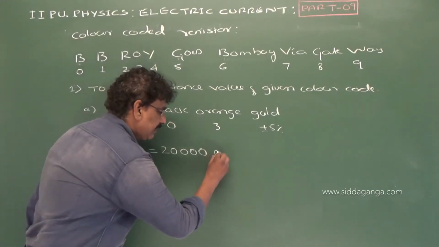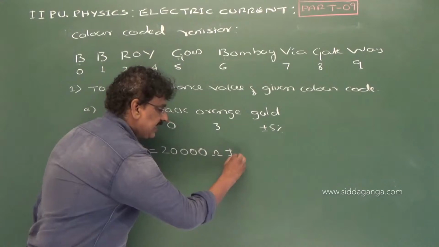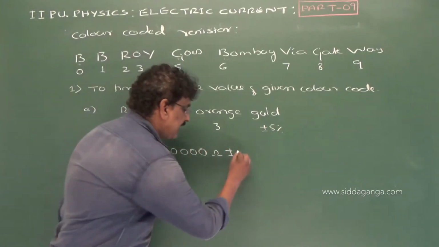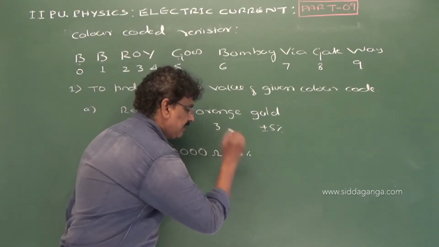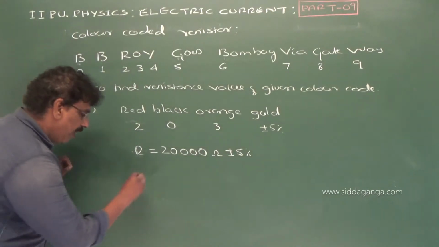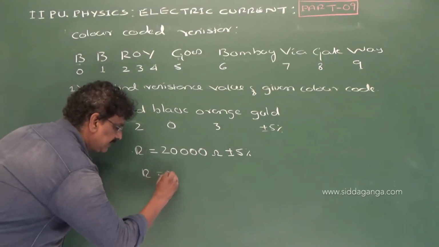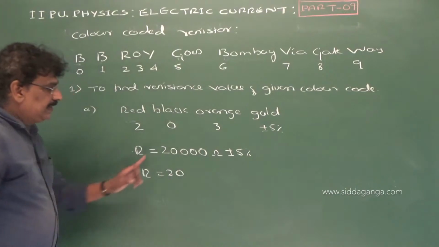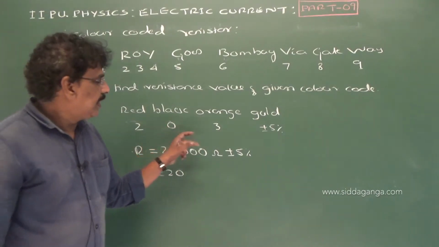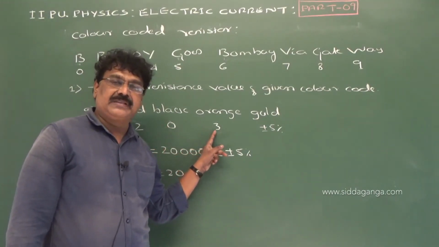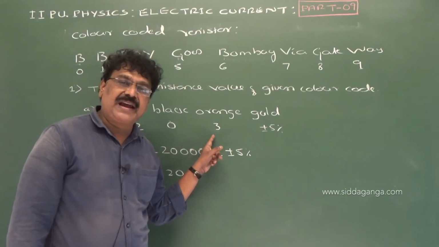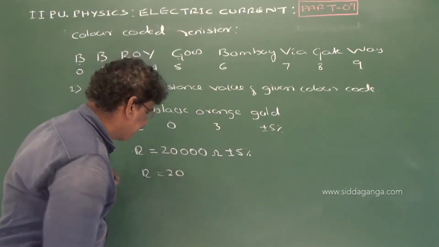Ohm. Now the tolerance, it is plus or minus 5%. Or this can also be written as that is 20. That is the first 2 digits, right? Now this 3 represents the multiplication factor, 10 raised to the power of 3.